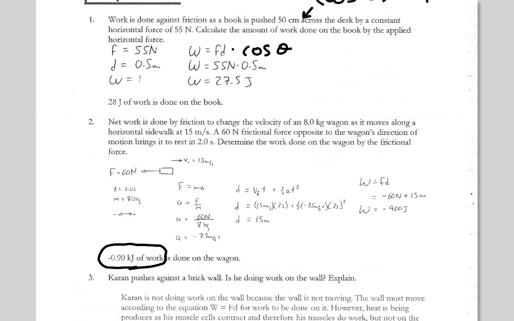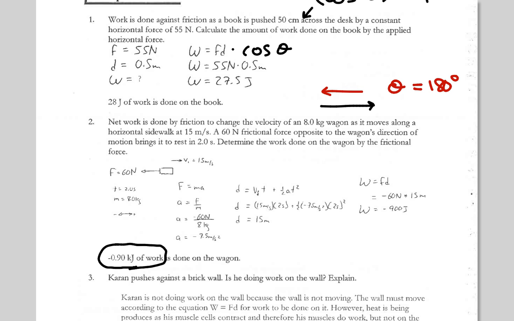Okay, so we know that friction is in the opposite direction of the displacement. So you're headed that way, and I'll use red for the friction, but friction is this way. So what is the angle between the force and the displacement? What's the angle here? 180. And what's cos 180? Type in cos 180.